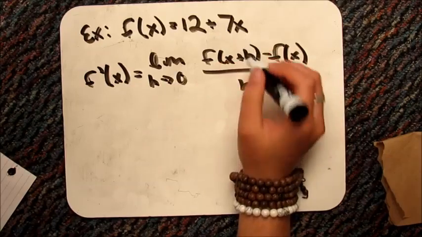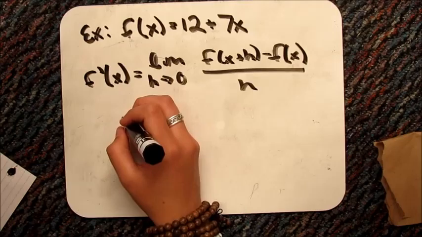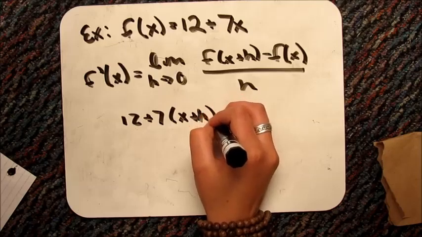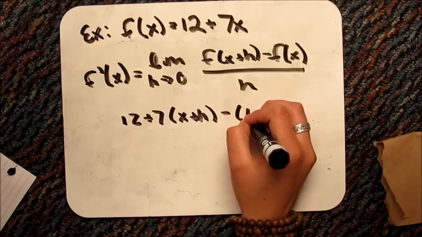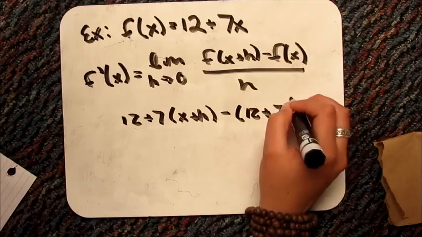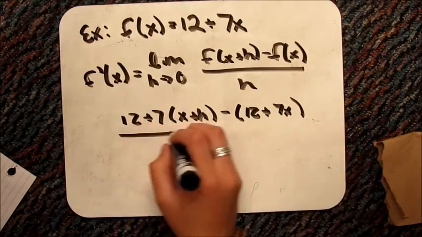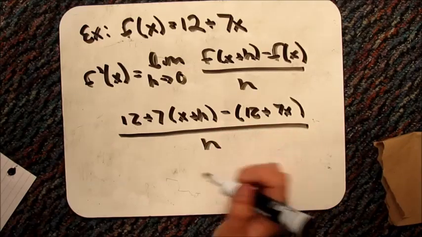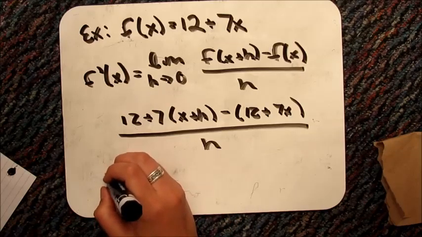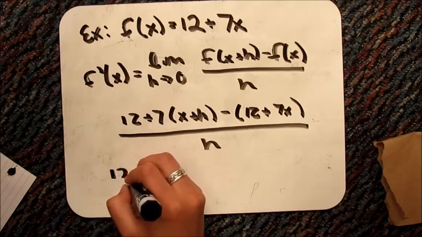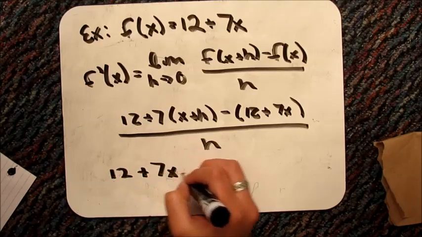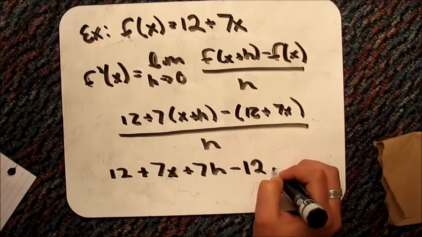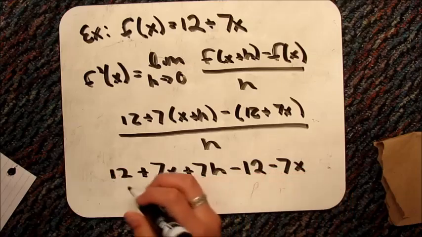And so, just like we did, we want to plug those in. And what we'll end up with after plugging them in is 12 plus 7 times x plus h minus 12 plus 7x, all over h again. And then we just want to simplify that out. So we'll distribute, and what we'll get is 12 plus 7x plus 7h minus 12 minus 7x, all over h.